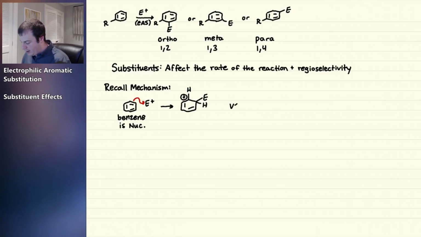Now, let's see what would happen if we had a pre-existing substituent on the ring. So I'll draw my benzene. I'll put an R group on my benzene. And again, I'll add my electrophile. Okay, here's the benzene attacking the electrophile just like before. And now let's look at this carbocation intermediate.